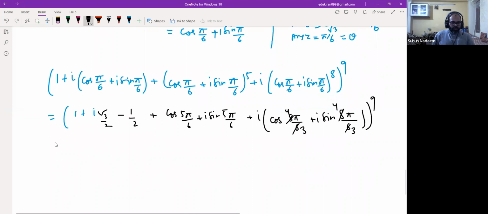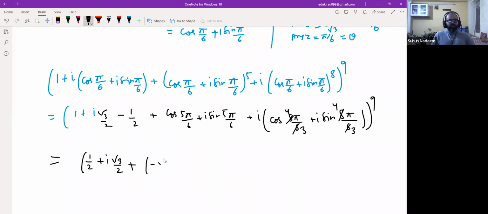So this would become 1 minus half, that is half, plus iota root 3 by 2. Cos 5 pi by 6 will be minus cos pi by 6, so that will be minus cos 30 degree, minus root 3 by 2. And sin 5 pi by 6 will be sin 30 degree, that is 1 by 2.